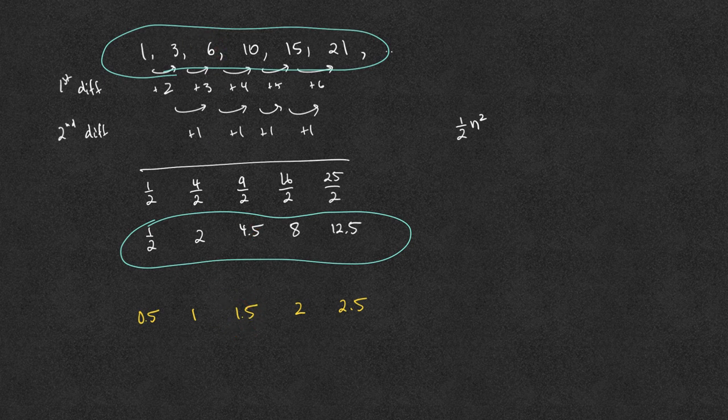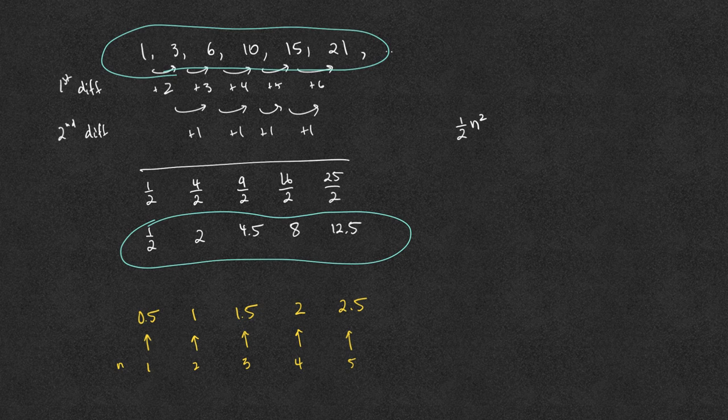But observe that when n equals 1, we would need to add 1/2. When n equals 2, we need to add 1. When n equals 3, we need to add 1.5. When n equals 4, we need to add 2. When n equals 5, we need to add 2.5.